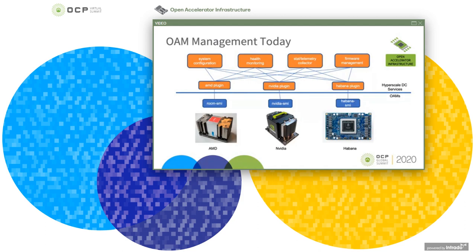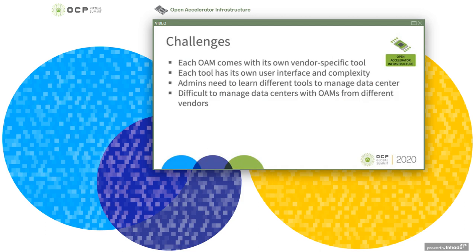By now, I think it's easy to understand the challenges we are facing. Each OAM comes with its own vendor-specific tool, and each tool has its own command options and output formats. We will have to build vendor plugins for each tool to be able to manage the OAM in our DC. It is clear to see even though the OAM enables an interoperable environment, the management side of things certainly doesn't offer the same story.